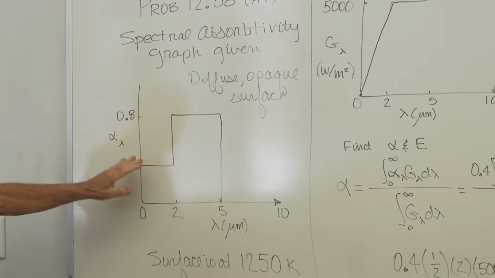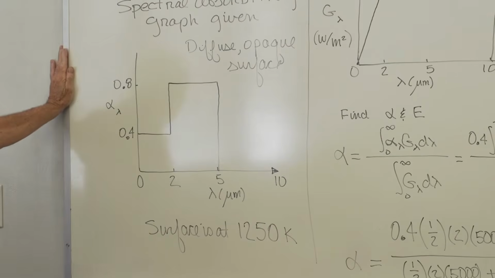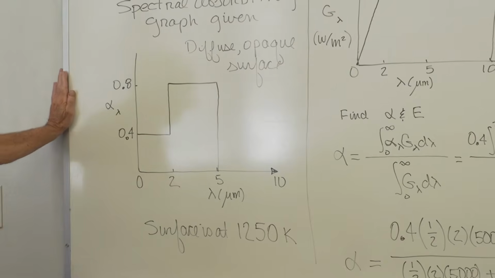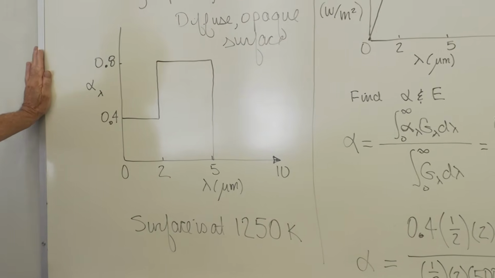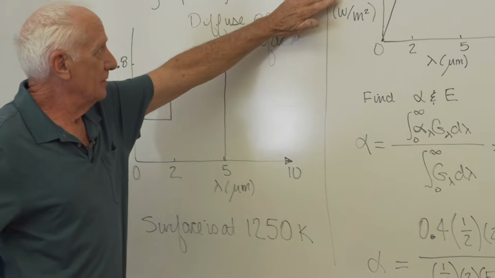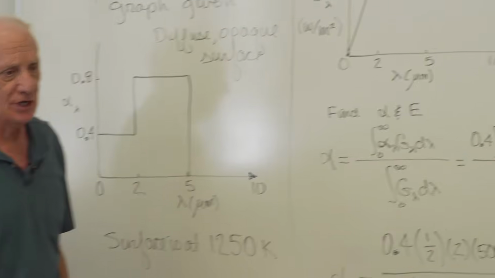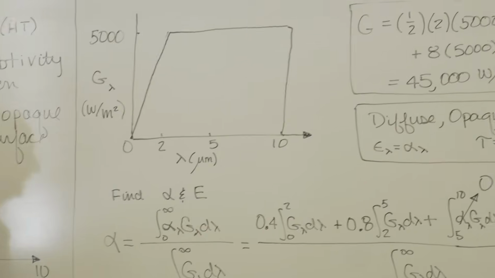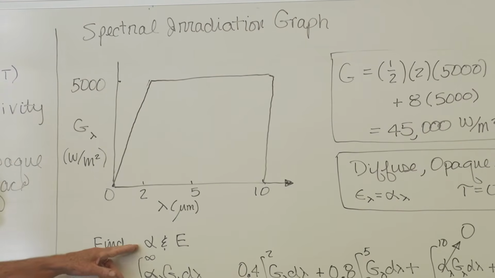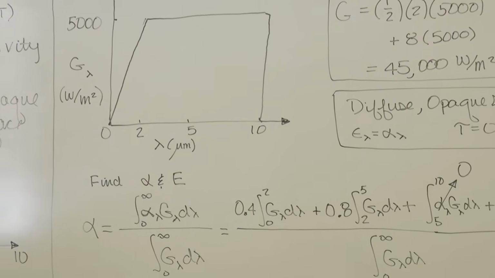We approximate it by this shape. The surface is kept at 1250 K, absolute temperature. Also we're given a graph of the spectral irradiation, G lambda, as a function of wavelength lambda. We're asked to find the absorptivity and the emissive power of the surface.